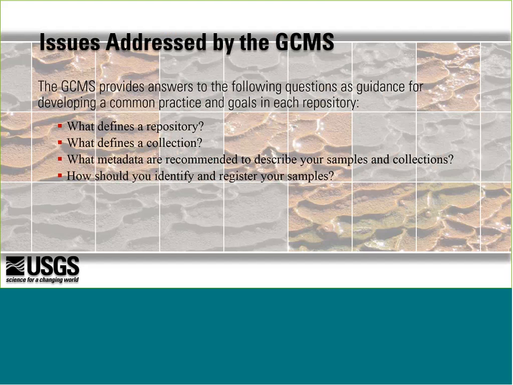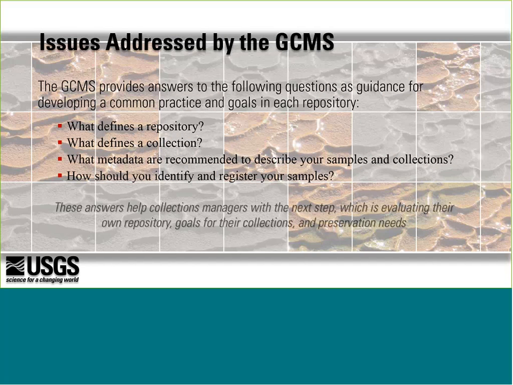Some of the major issues addressed by the USGS are designed to promote questions and answers to help collections managers figure out how to evaluate their repository, their collections, what their goal is and what their needs are, and ways to define a repository. A repository doesn't have to be on par with the Smithsonian.